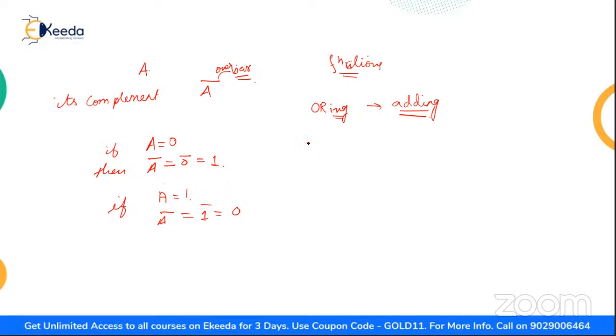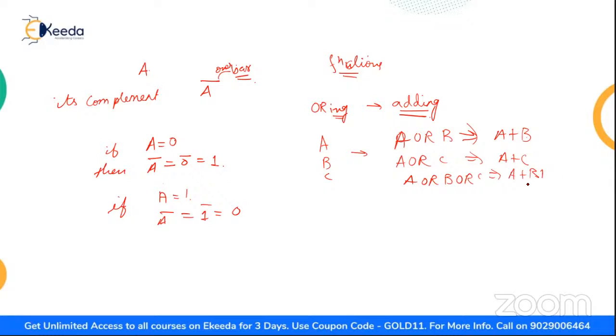OR means adding. So suppose there are three variables a, b, c. A or b implies a plus b. A or c implies a plus c. A or b or c implies a plus b plus c. Okay, a plus b plus c.